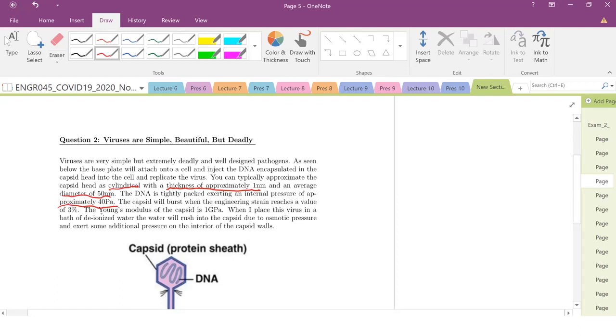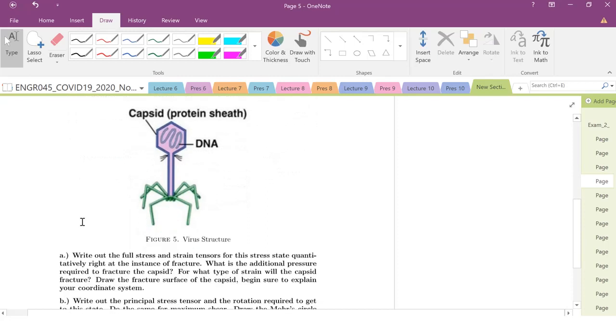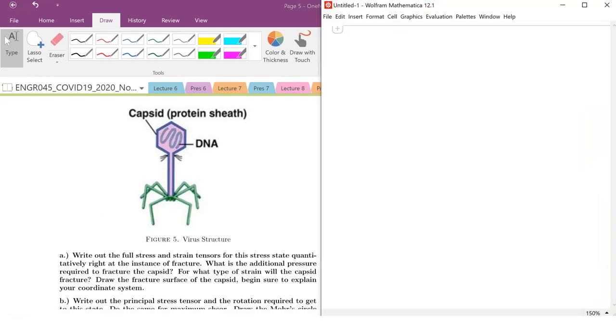The Young's modulus for the material is given. Again, this is a polymeric material, so you could be asked to approximate it. And we're going to fracture when we reach a strain value of 3%. So we need to figure out the stress and strain tensor quantitatively, and the additional pressure required to fracture. Let's start to solve this in Mathematica.